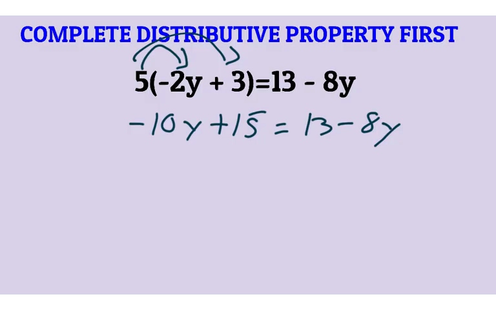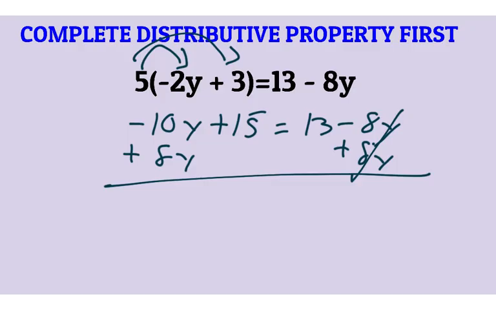You have variables, or like terms, on opposite sides of the equal sign. Therefore, I want to bring them together. So I'm going to plus 8y on each side. That gets rid of the 8y on the right side, and that leaves me with negative 2y on the left, plus 15 equals 13.